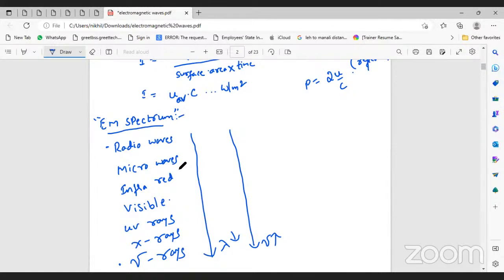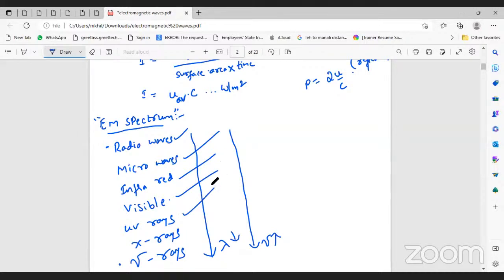Remember that. You also have to remember the wavelength ranges of this electromagnetic spectrum and also the uses. The radio waves are mainly used in communication purposes. Microwaves are used in microwave ovens. Infrared is used in eye surgery. Visible is used to see the objects around us.